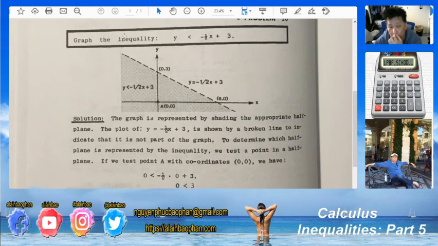Homework problem: graph the inequality y less than minus 1/2 x plus 3. First of all, we know this one has two variables, y and x, so the solution will be the whole plane, the part of the plane.